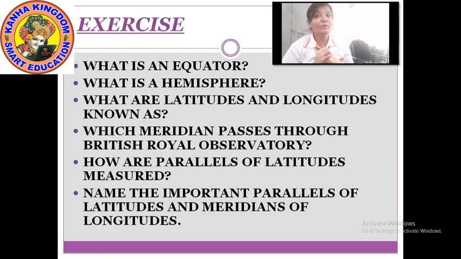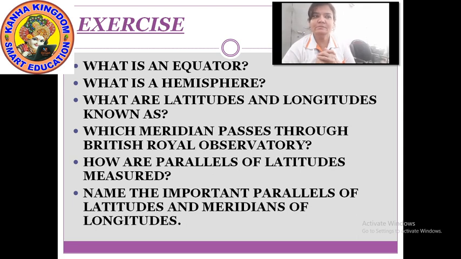What is our first question? What is an equator? The imaginary line at the center of the earth which divides the earth into two equal halves is the equator, and it is the longest latitude.